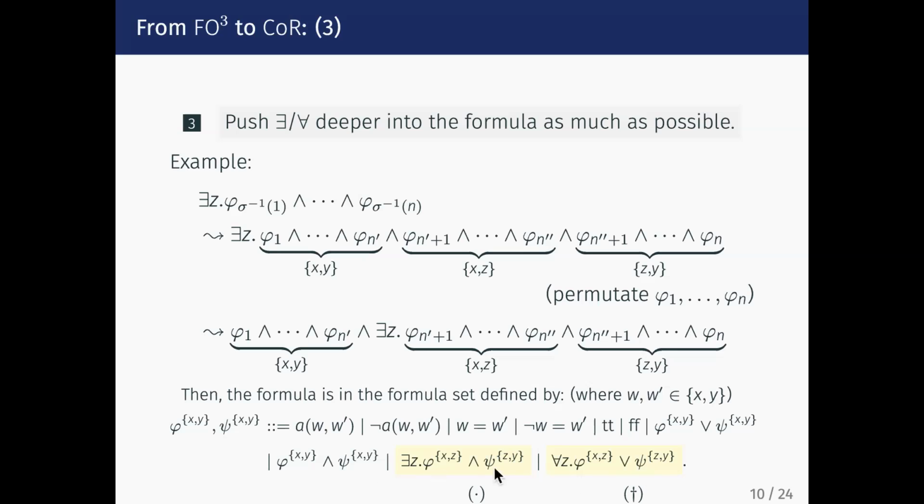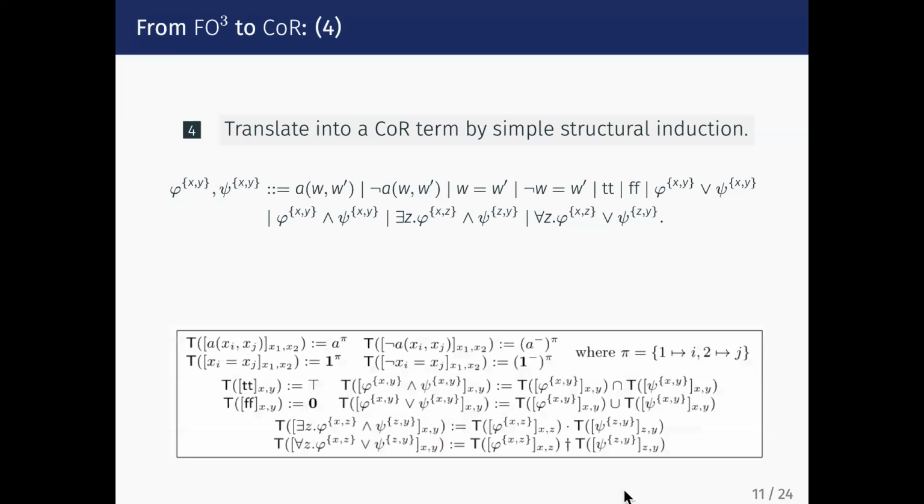This form is equivalent to the conjunction in the calculus of relations, intuitively, and this is equal to the dagger operator. So we can translate into COR terms by simple structural induction from this set.